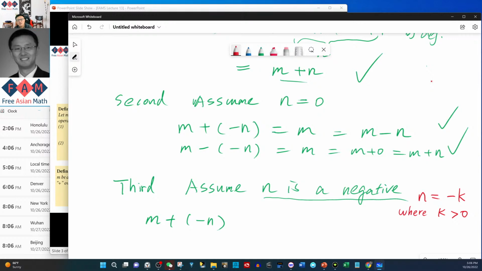We have not formally introduced what this sign greater than is, but just want you to know this is nothing but saying that k is a positive integer.